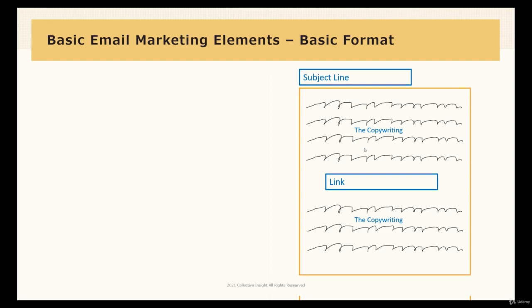So this is the basic format of an email that we send. We have tested out many different formats, and we find that a simple text email works the best. Well, it kind of depends on your niche, because we're in the affiliate marketing and education niche.